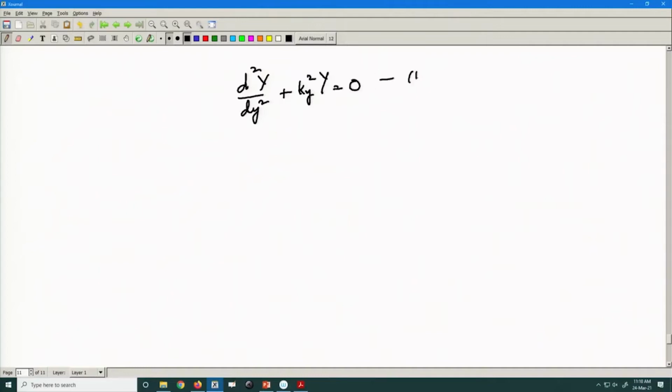We call this 15b, and d square Z dz square plus k z square Z equal to 0. We call this 15c.